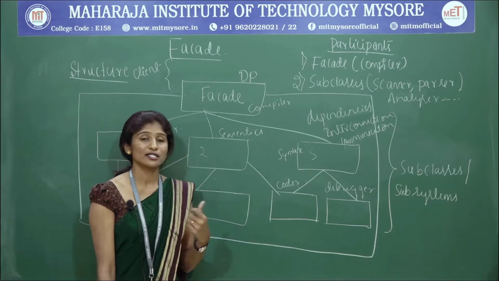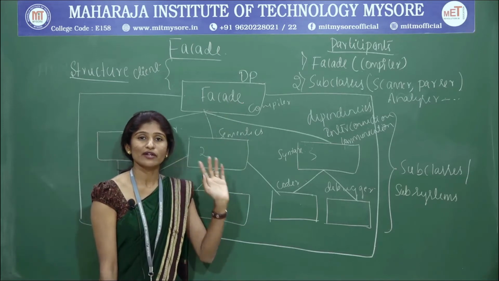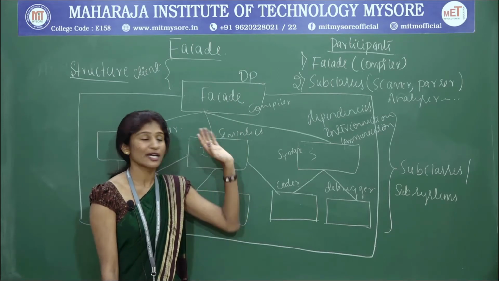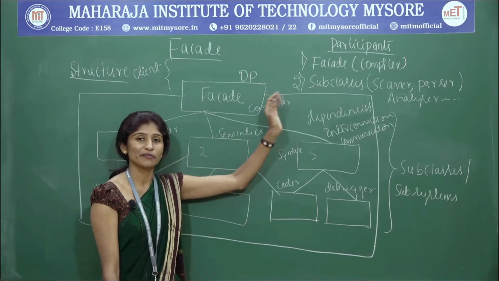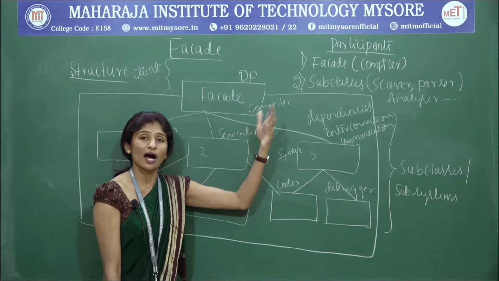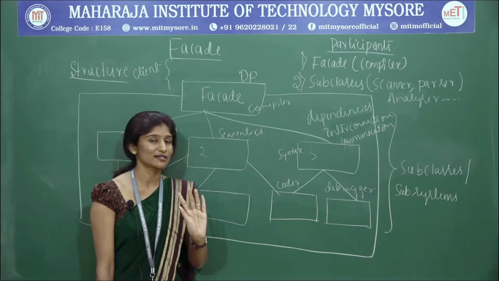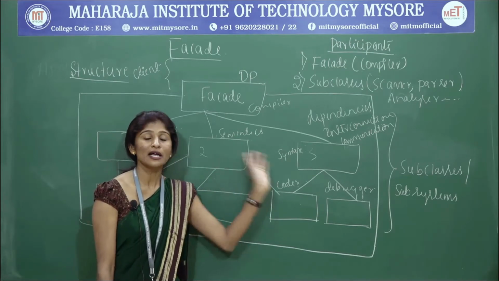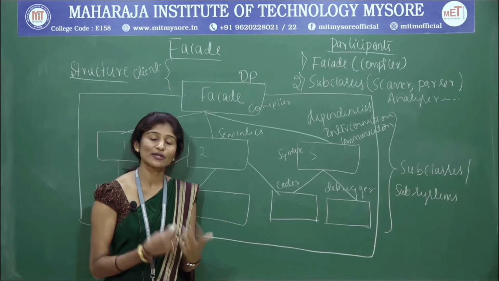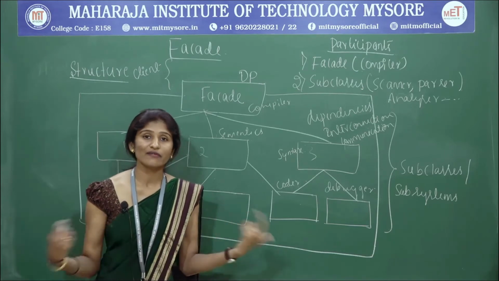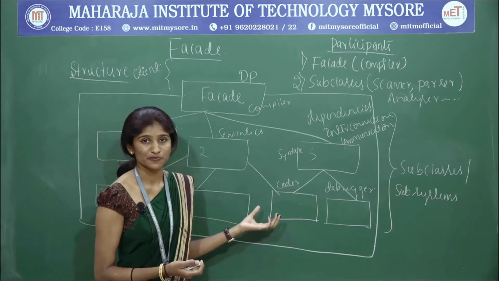They don't even know what the facade is. They are not aware of the facade, meaning they are not aware of the compiler. They just know how to work if the work is assigned. They never know what the compiler is, how it is going to act. Those details are not known to the subsystems.